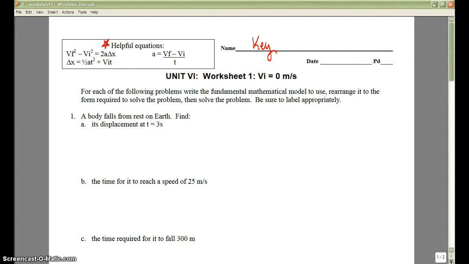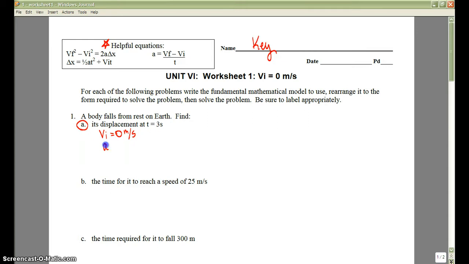So our first one, we have a body falls from rest on Earth, and we want to find, first of all, its displacement at 3 seconds. First, we want to write down the variables that we have. If it's falling from rest, our initial velocity is 0 meters per second.